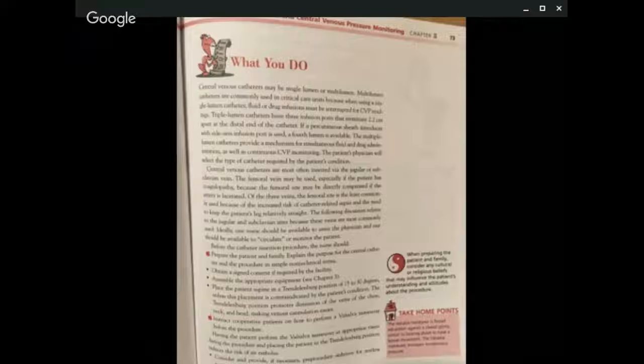Before the catheter insertion procedure, you should prepare the patient and the family, explain the purpose of the central catheter and the procedure in simple, non-technical terms, obtain a signed consent, assemble the equipment, and place the patient supine in a Trendelenburg position of 15 to 30 degrees unless this placement is contraindicated by the patient's condition.